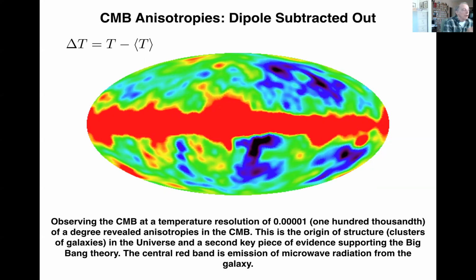So you pick a point like that, one of those blue splotches, and you pick an angle, say 3 degrees. So you're going to look 3 degrees away from that point in different directions and see if you see something other than the average temperature.